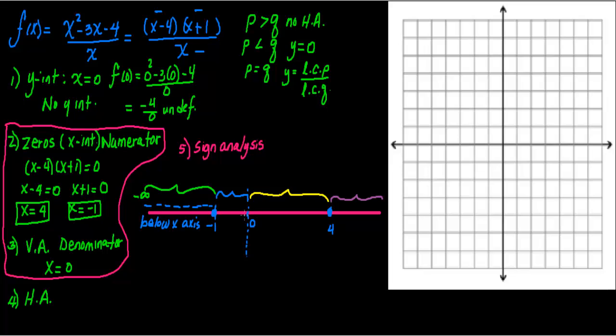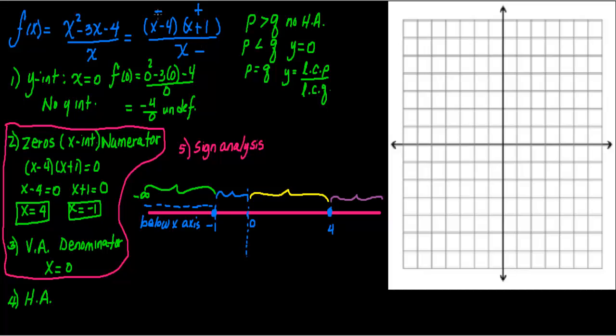I'm going to choose -0.5. When I plug in -0.5 for x, -0.5 minus 4, will that be a negative number or a positive number? It's going to be negative. -0.5 plus 1, that will be a positive number. And -0.5 will be just a negative number.